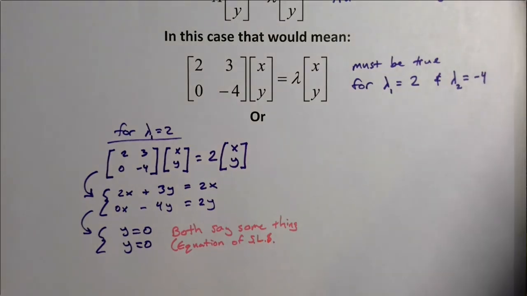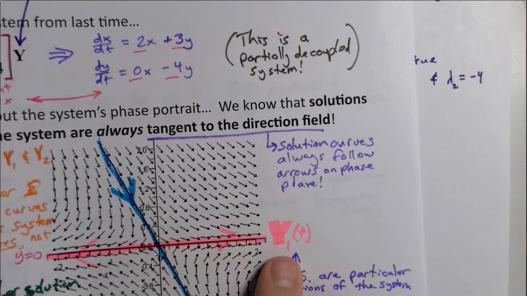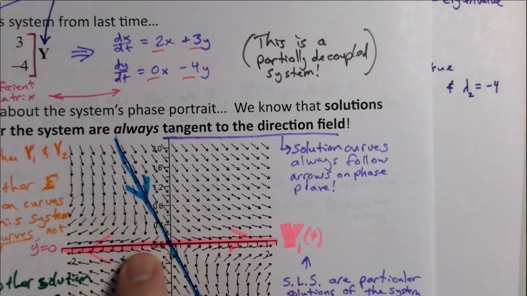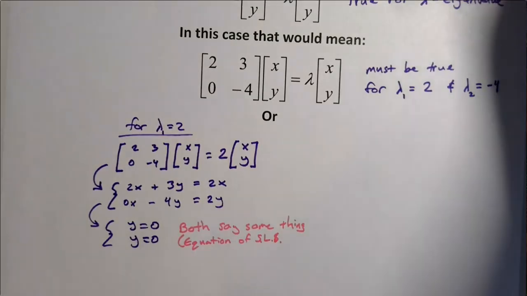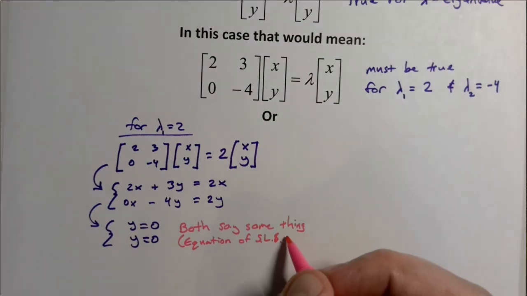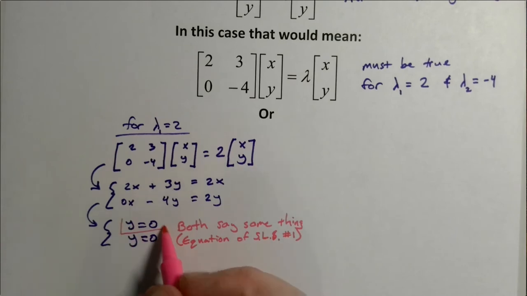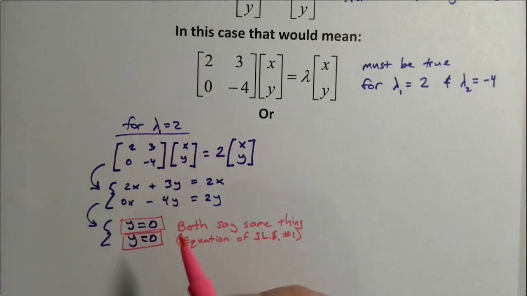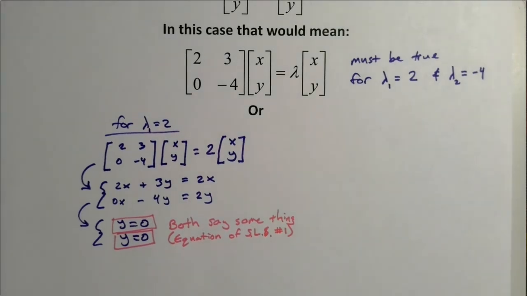It's way back at the beginning of this section. We called it y1. It's this guy right here. It's the equation that straight line solution follows. Straight line solution number 1, and that was our pink one. y equals 0. Both equations are telling us the same thing. So what about lambda 2? What about the other lambda value?